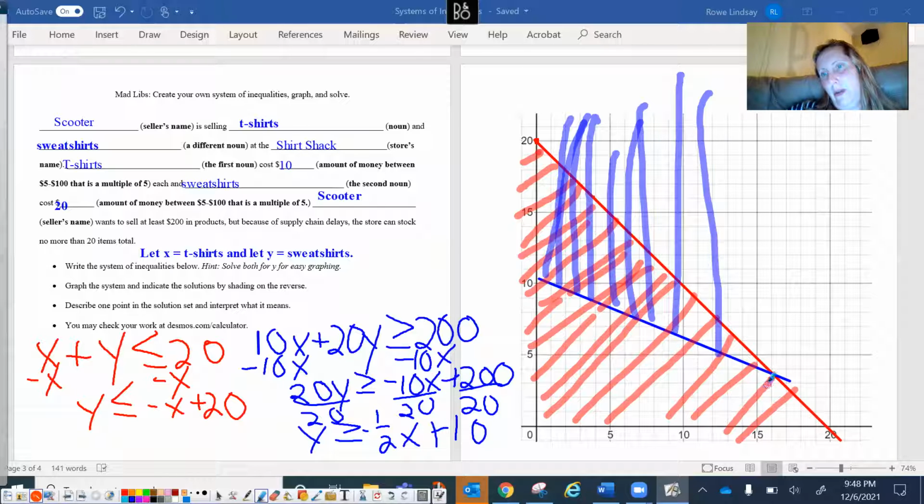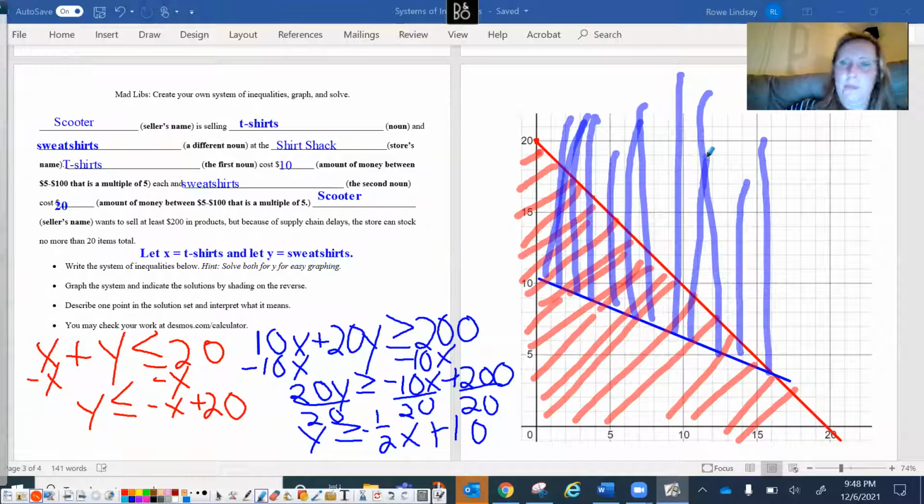I should have made it go a little bit further, but remember the solution to the system is where the lines overlap. And that is just the absolute lousiest graph. But I need to describe one point in the solution set and determine what it means.